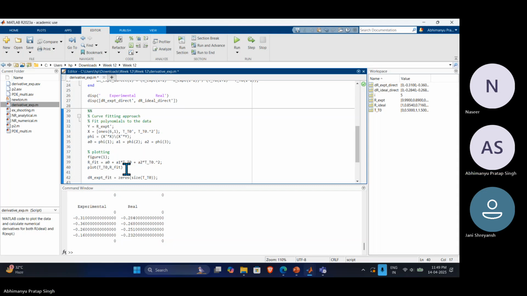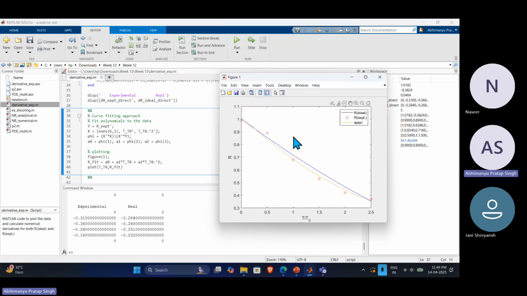Okay. Yeah. So this is the yellow line. It's a second order fit through this data. So you see the initial line which was like this, now we have a much smoother line in place of that, and now we will be using this line to calculate our derivatives. Okay.